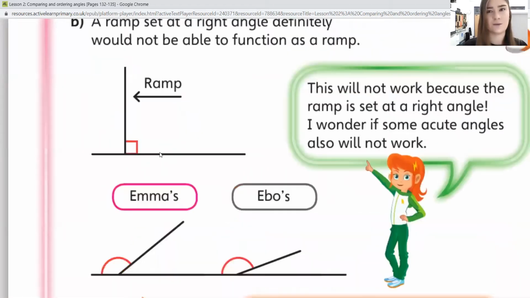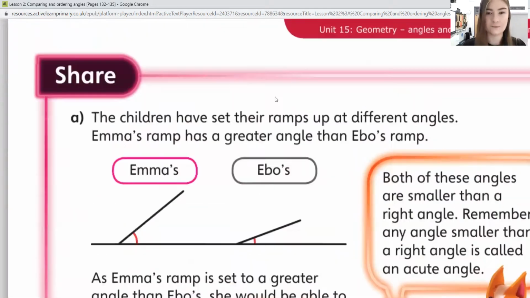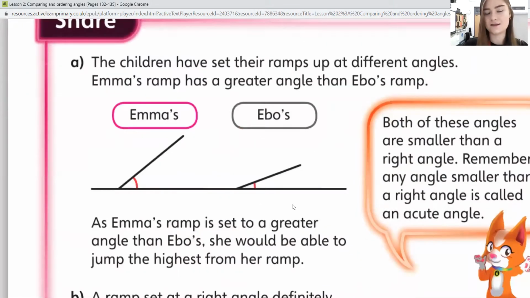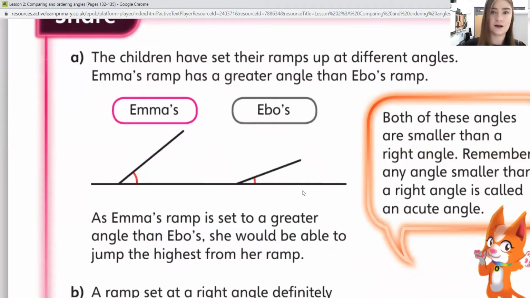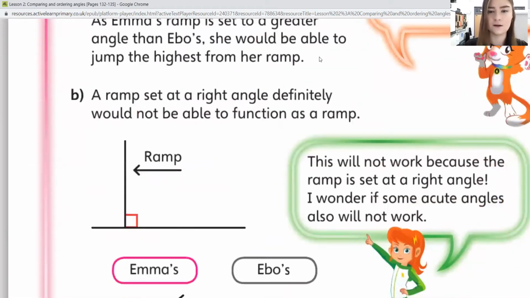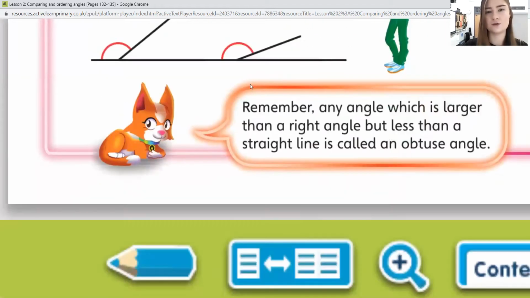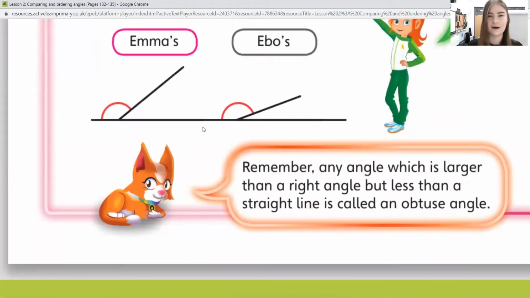So let's have a look at Evo's as well. I don't know if I'm saying his name right. There's a small angle, so an acute angle. And then to make that straight line, the other side of that angle is also an obtuse angle. So both Emma and Evo had a small angle for their ramp, and then the other angle, the other turn, was an obtuse.